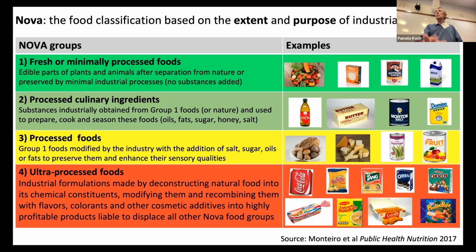So in the first group, we have all fruits and vegetables. We have dried and packaged rice, oat, milk, meat, frozen, fermented milk, everything goes into group 1.